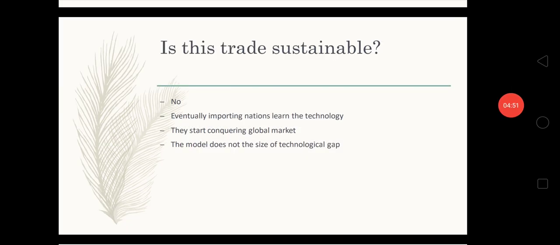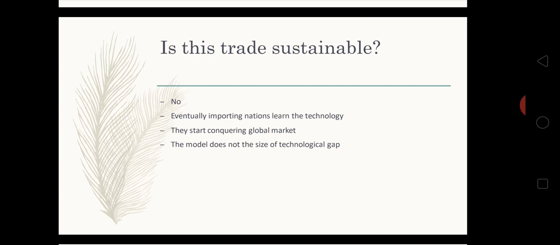Is this monopoly sustainable? Certainly not. This is not a sustainable way of trade, because the innovating nations cannot always trade their innovative commodity or production process, because the importing nations will learn the technology. They will learn how to produce that commodity, and then they will start producing it domestically.